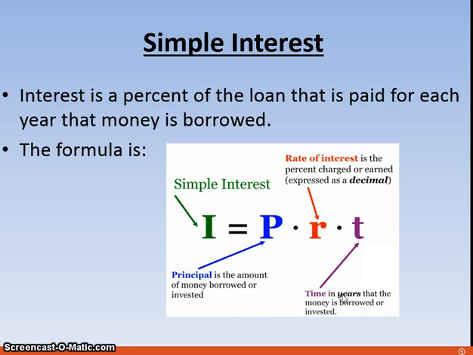So if we put this all together, simple interest is equal to the principal, the amount of money we borrow, times the rate, which is an interest percentage, times the time in years, the amount of time we're borrowing the money.